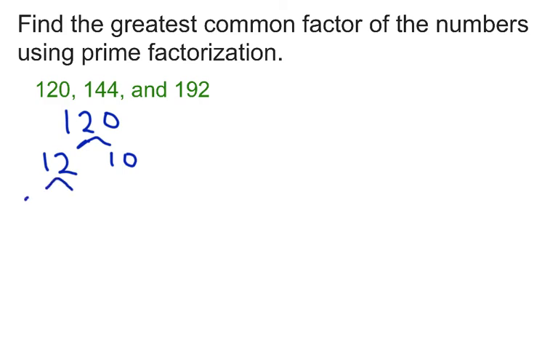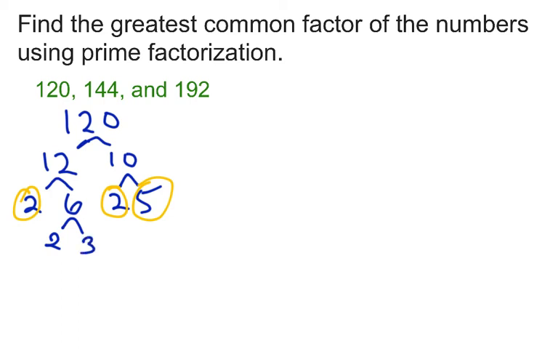We have 2 times 6. 2 is prime. And 10 can be broken down into 2 times 5. Both prime. 6 can be further broken down into 2 times 3. Both of which are prime.